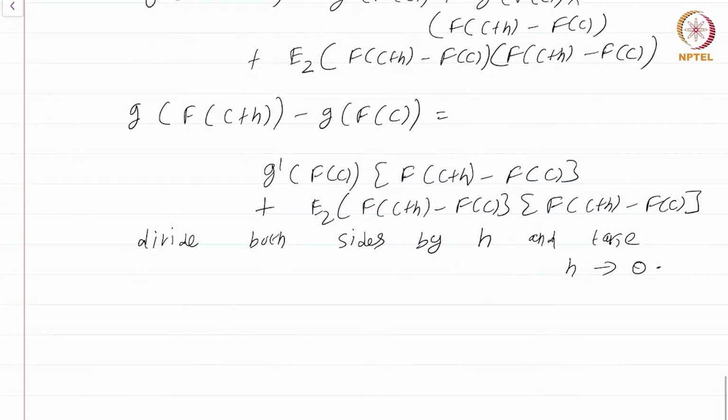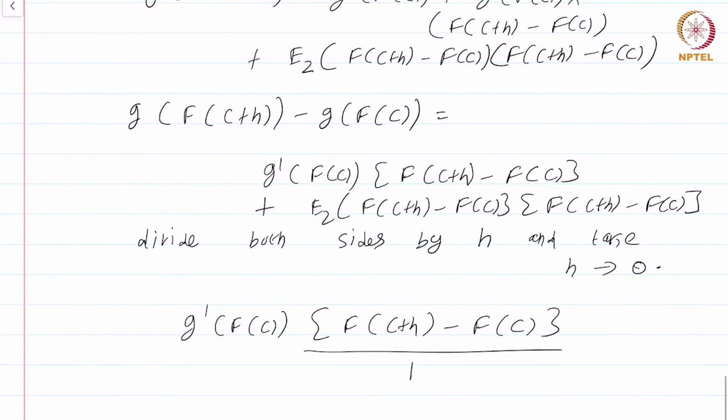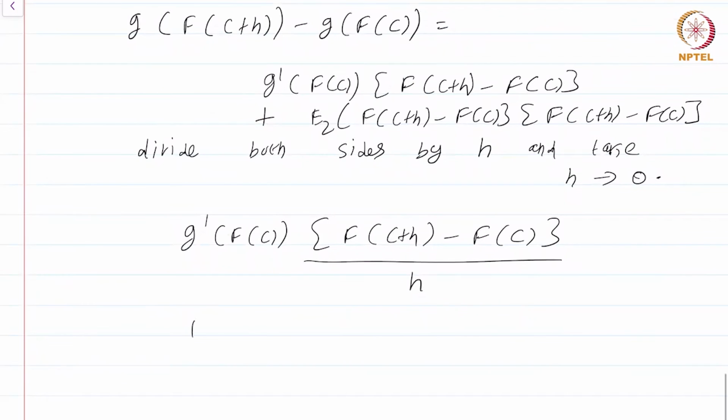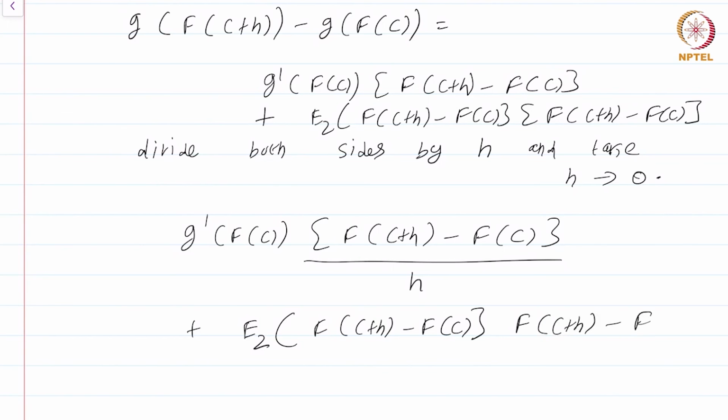What you will end up with is g prime of f of c times f of c plus h minus f of c, divided by h, plus E2 of f of c plus h minus f of c multiplied by f of c plus h minus f of c divided by h. Okay, I hope I haven't made any errors.